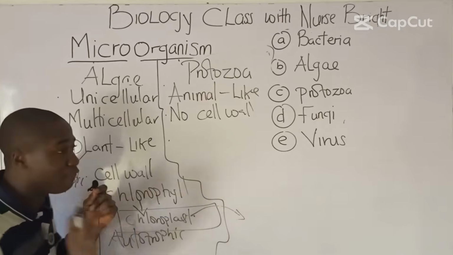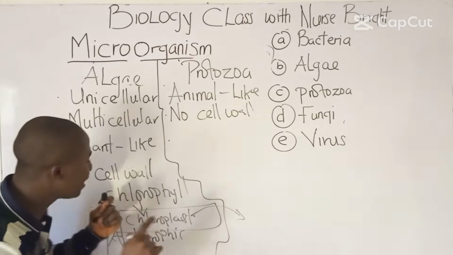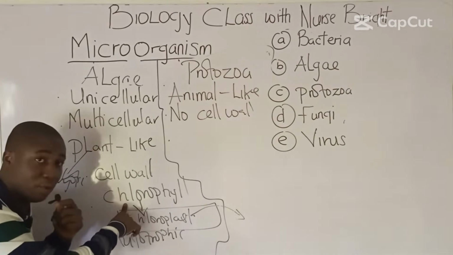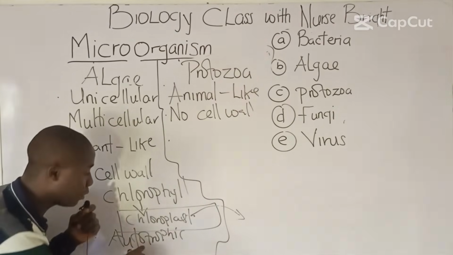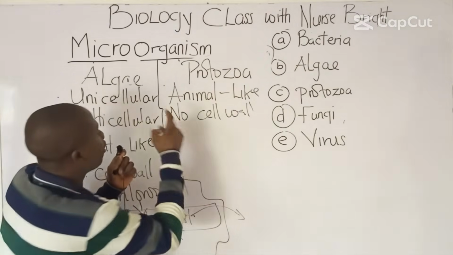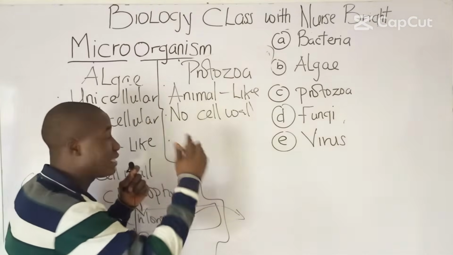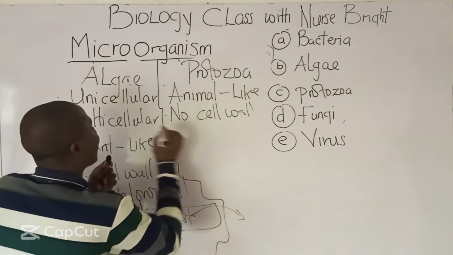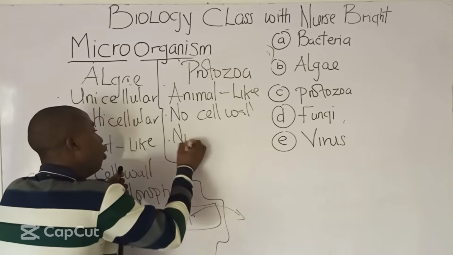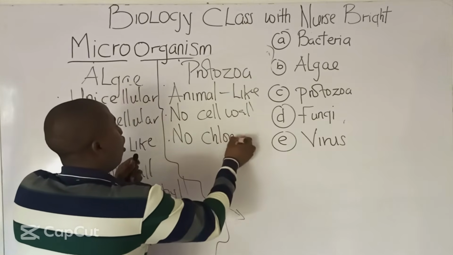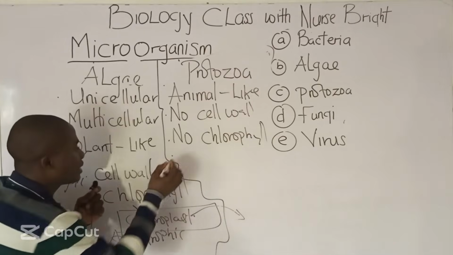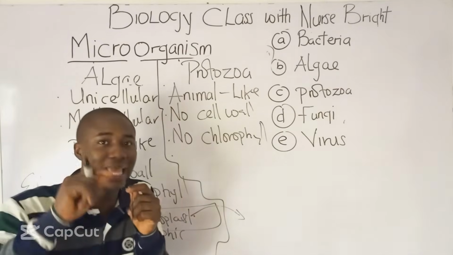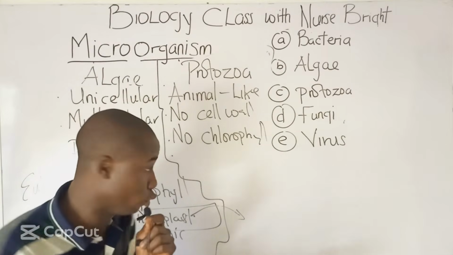Remember, for you to be called a plant, you basically have the pigment called chlorophyll, because plants have the ability to produce their own food. That's why they are autotrophic in nature. Here, there is no cell wall and no chlorophyll. Since they don't have chlorophyll, they cannot produce their own food.